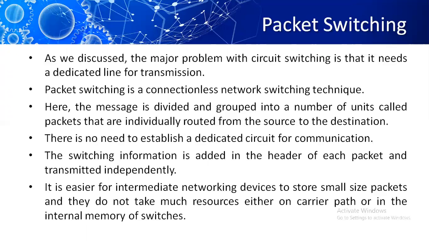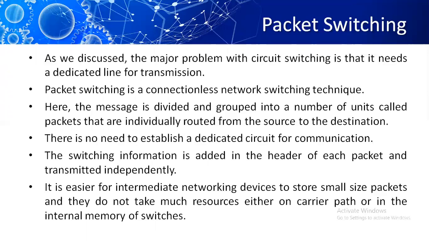For example, if one message is divided into 10 small pieces, that is 10 small packets, all the 10 packets are transmitted over the network individually. So each packet can take different paths to reach the destination. That is the meaning.